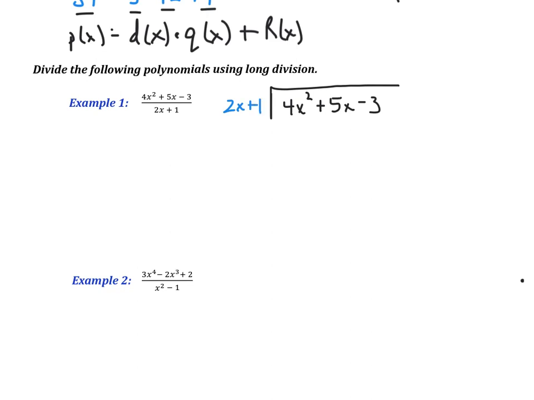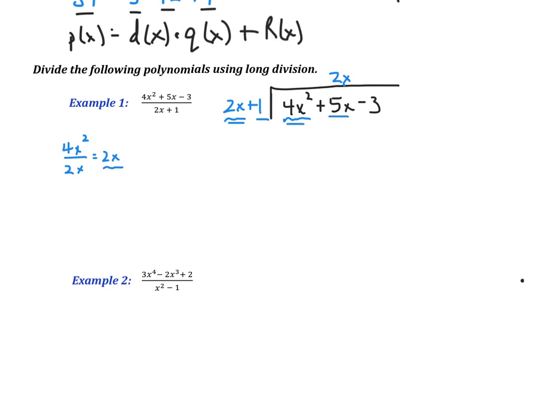All right, the way that you get started is you start with the first term and the first term, and you decide how many times does 4x squared, or how many times does 2x go into 4x squared, and you would say that that's 2x. So this 2x is going to go above the second term. Okay, why the second term? Well, 1, 2, so I'm going to go in 1, 2.